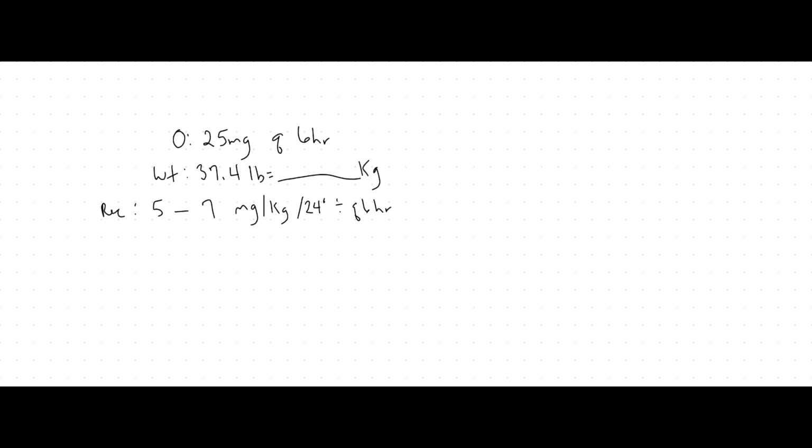The other thing I always do is look at how often it's given, and I write myself a little note of how many doses this is. So if it's every 6 hours, how many doses is that patient getting in 24 hours? 4, because 24 divided by 6 is 4. So I know they're getting 4 doses.